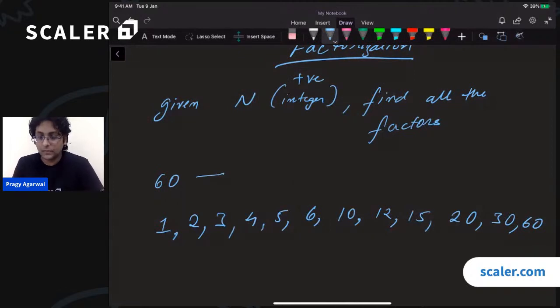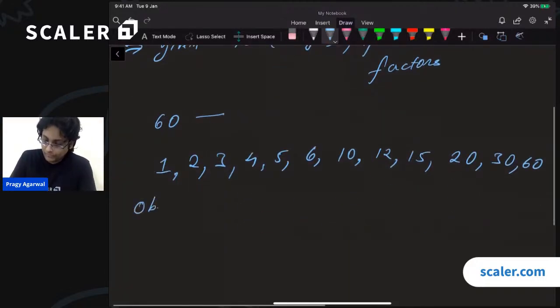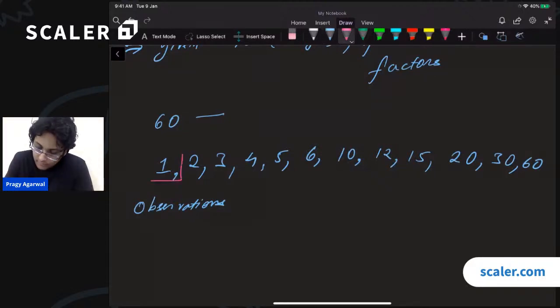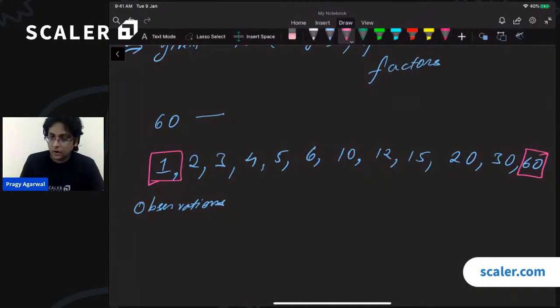Cool. Now, before we dive further into this problem, let us try to draw some observations and see if there is some pattern to what the factors of a particular number are. First of all, you will notice that 1 and the number itself are always factors of this number.